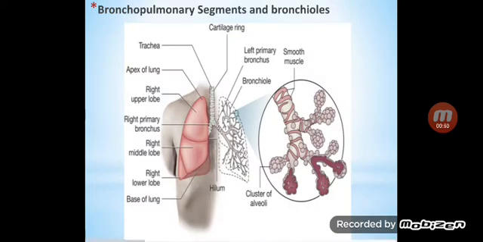The bronchopulmonary segments. What are the bronchopulmonary segments? These are anatomical, functional, and even surgical units in the lungs. You remember in the last lecture when I said that the trachea, when it ends, will be divided into the right main bronchus and left main bronchus.